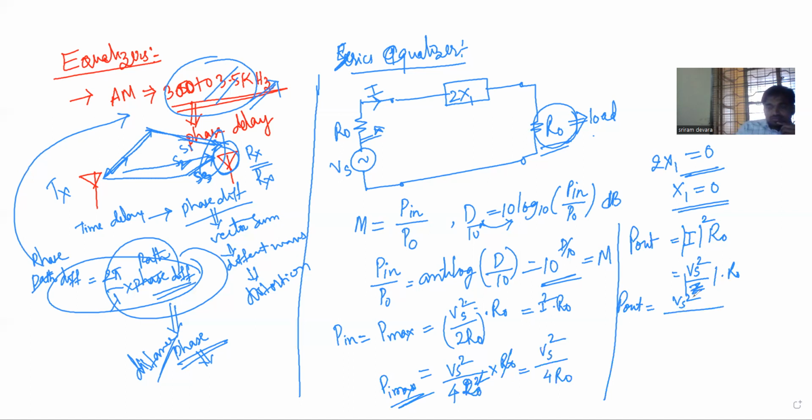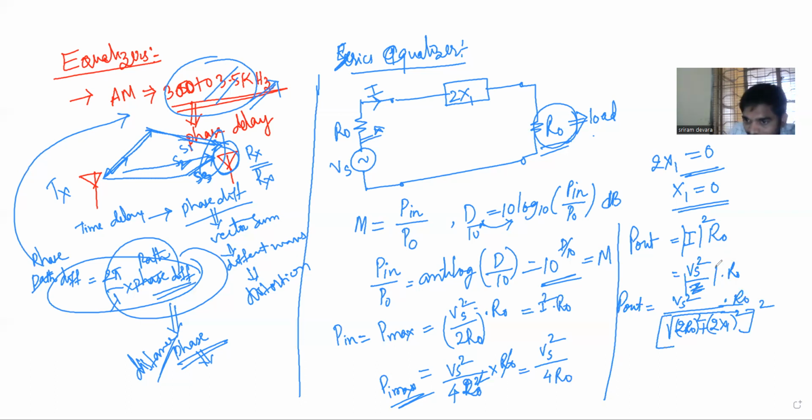Magnitude of Z is the root of (2 R naught) whole square plus (2x1) whole square, and this is squared, multiplied by R naught.